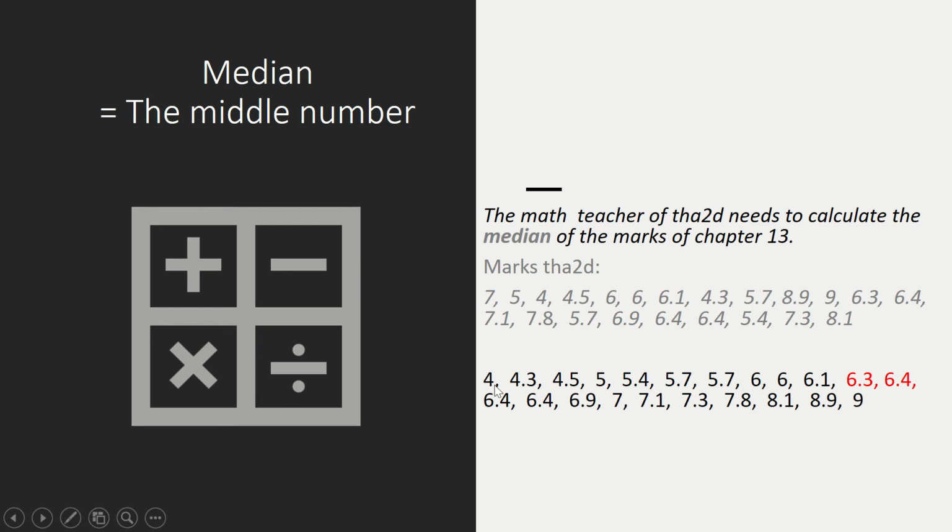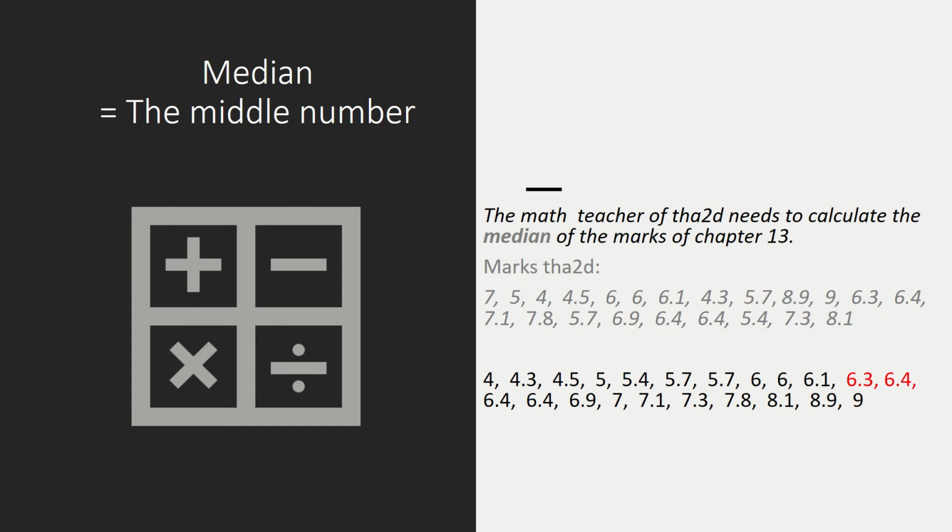Then you're going to count, but we have an even number because there are 22 marks. So you need to count 11 marks, so 1, 2, 3, 4, 5, 6, 7, 8, 9, 10, 11. So that's a 6.3. You need to count 11 steps from this side as well. 1, 2, 3, 4, 5, 6, 7, 8, 9, 10, 11. That's the 6.4.